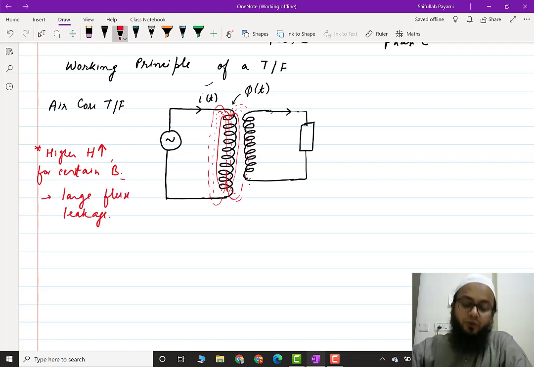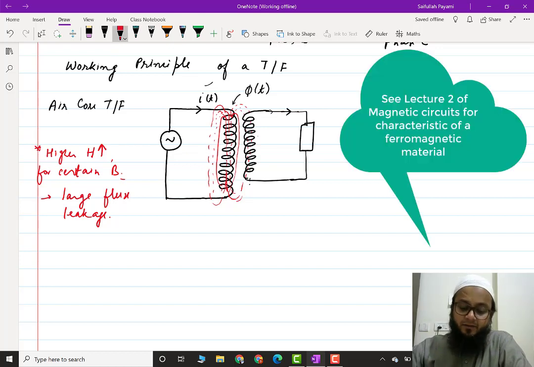Now to sort out this problem, we need such a medium whose property should be that it should allow or channelize all the flux produced by the primary coil to link with the secondary coil. Minimum leakage of the flux. So we have seen the characteristic of ferromagnetic material in one of our previous lectures.